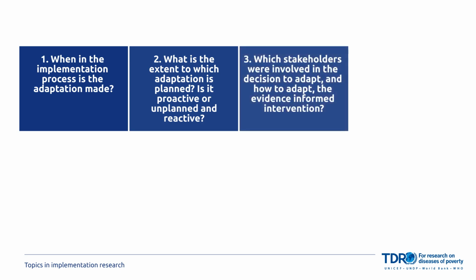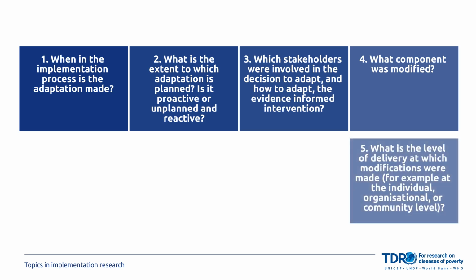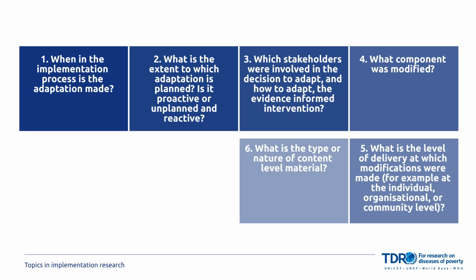3. Which stakeholders were involved in the decision to adapt, and how to adapt, the evidence-informed intervention? 4. What component was modified? 5. What is the level of delivery at which modifications were made, for example at the individual, organizational, or community level? 6. What is the type or nature of content-level material? 7.